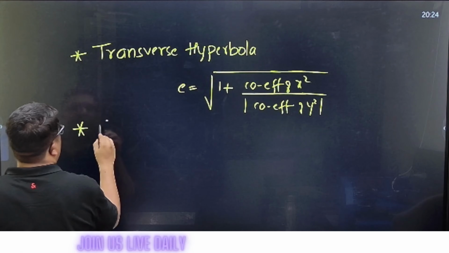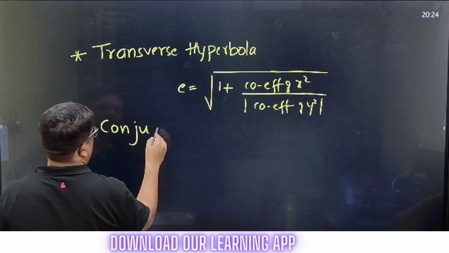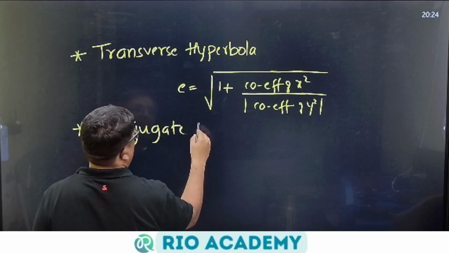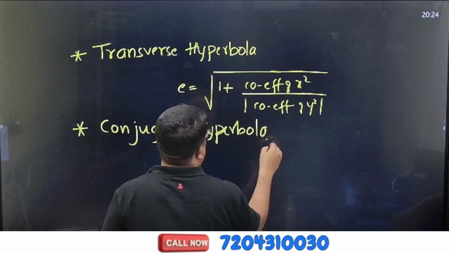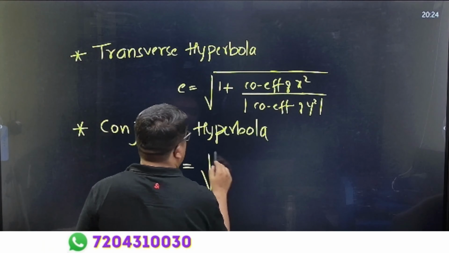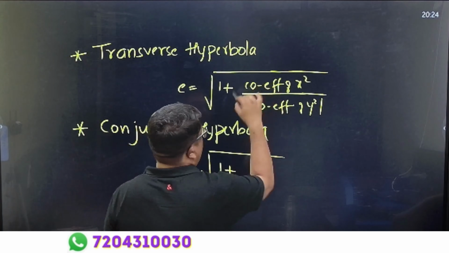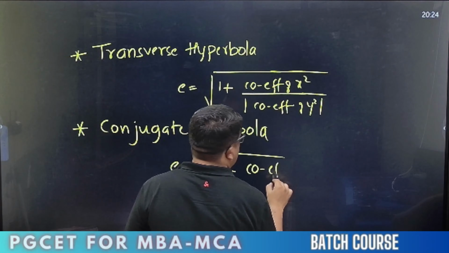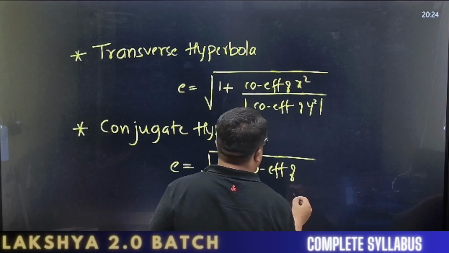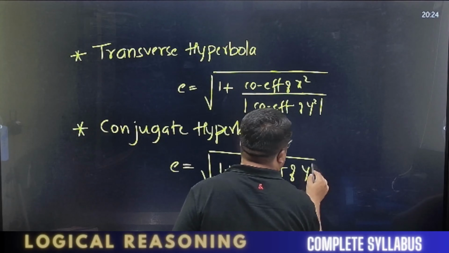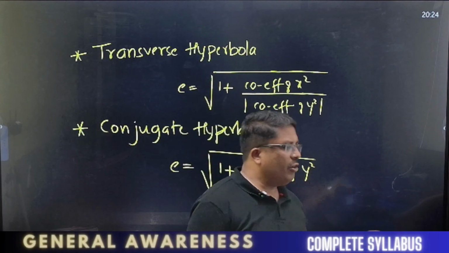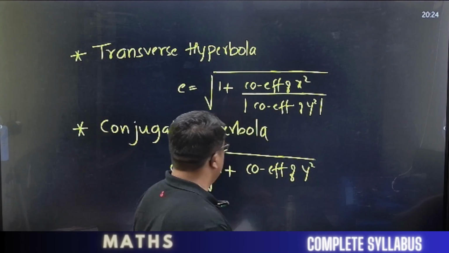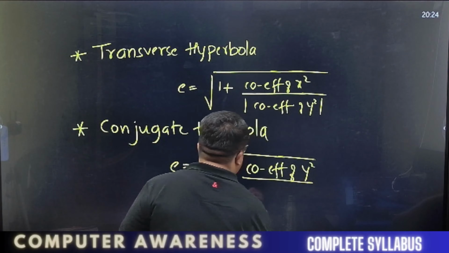And for conjugate hyperbola, the trick that you can use is 1 plus, you have to reverse this, coefficient of y square over modulus of coefficient of x square, because in conjugate hyperbola coefficient of x square will be negative. So that one should remember.